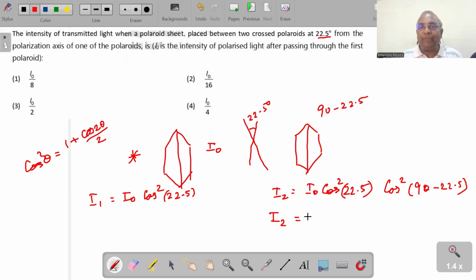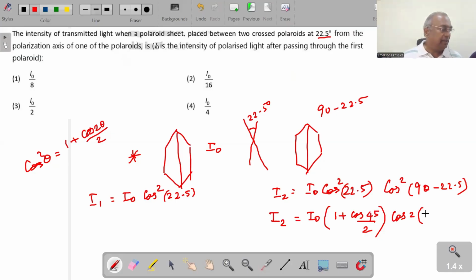The net polarized light will be I naught into, instead of cos squared 22.5, 1 plus cos of 2 times 22.5, which is 45, by 2, into the next cos squared of 90 minus 22.5. 90 minus 22.5 is 67.5, so 2 into 67.5.